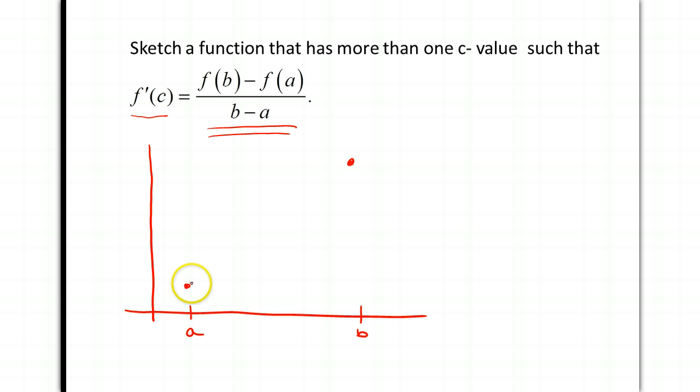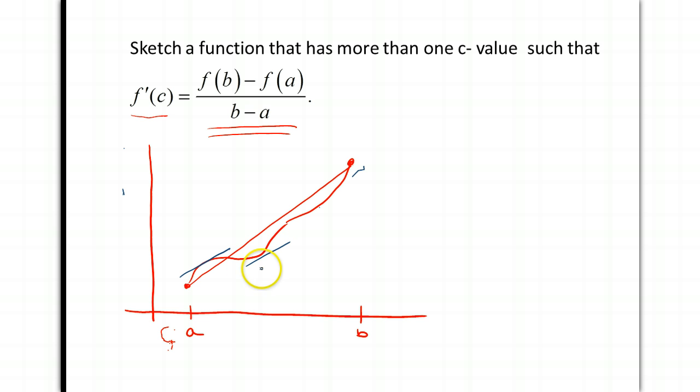Let me start over. There's my secant line. Now, here's a c value. Here's the first one that's parallel, so it would have the same slope as the average.